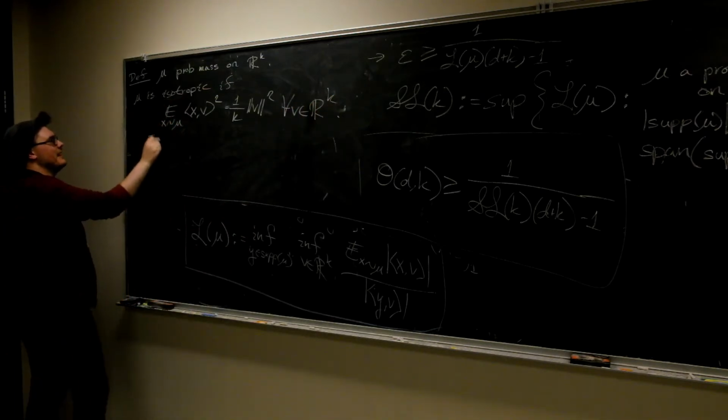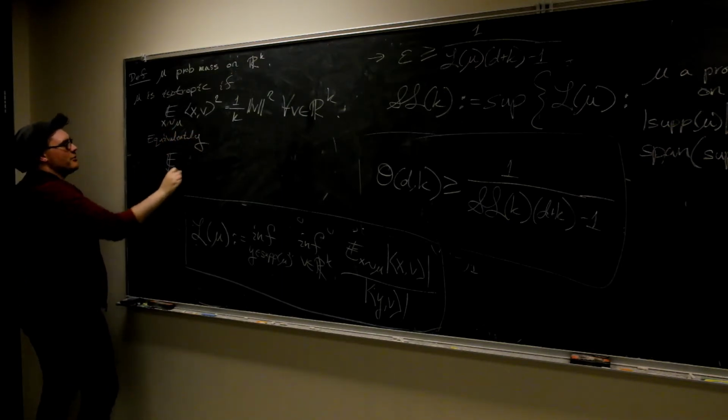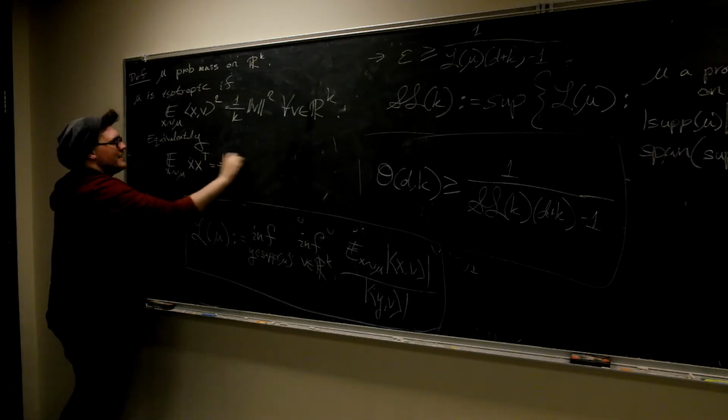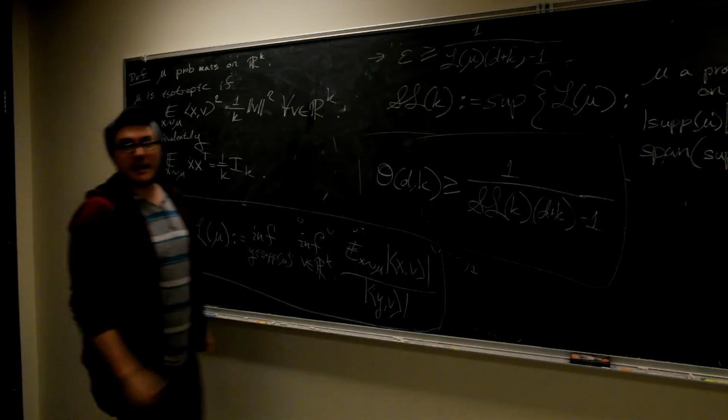Equivalently, if you like it more, the expected value of x distributed according to mu of x times x transpose is 1 over k times the identity. So its average tensor is going to be the identity map scaled.